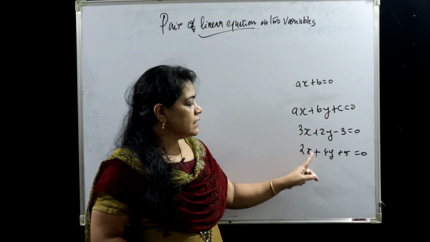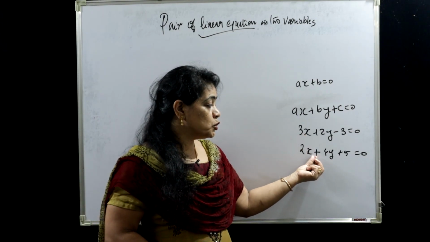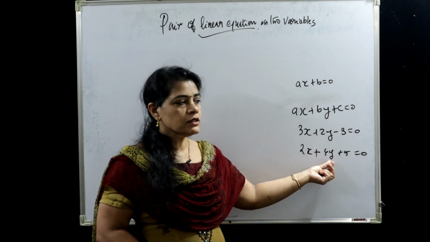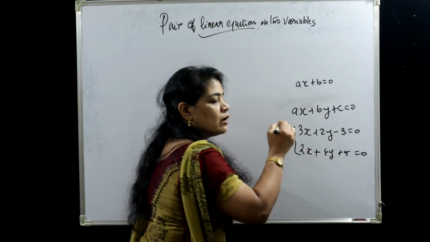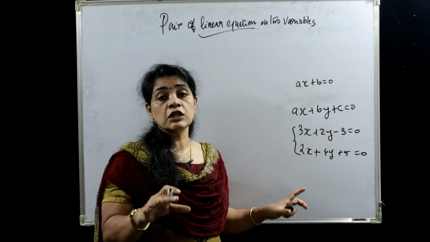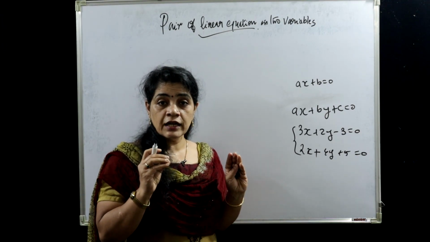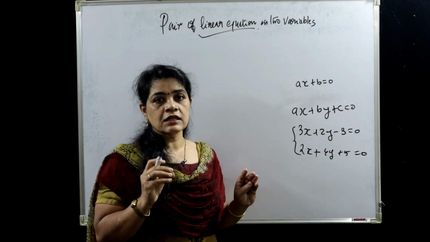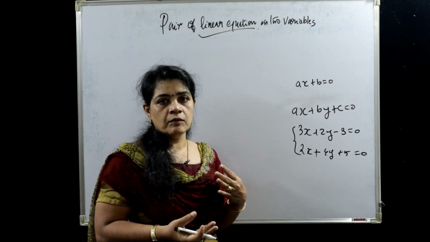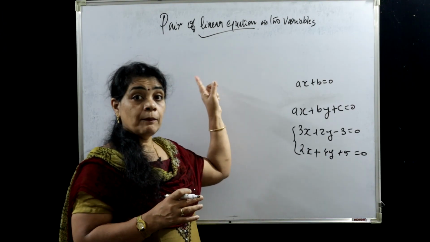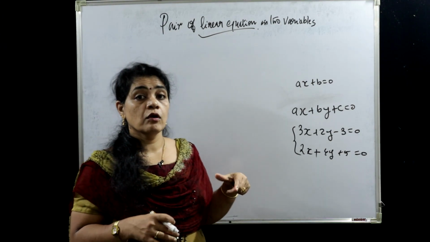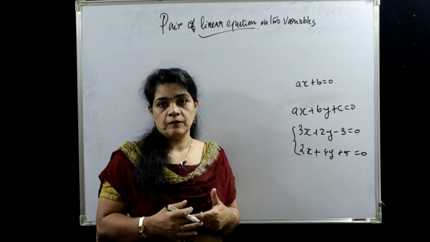You can see that here also there are two variables x and y. So this is a pair of linear equations in two variables. That means we need two linear equations in two variables. That pair is what we call a pair of linear equations in two variables, or simultaneous equations.